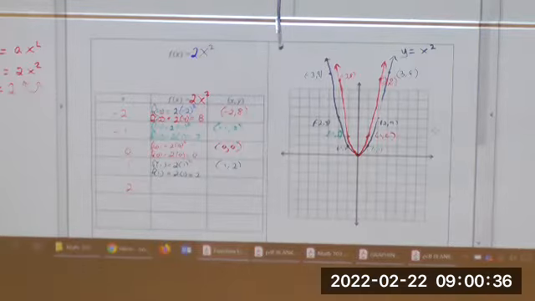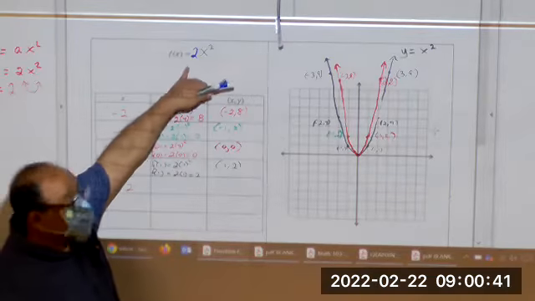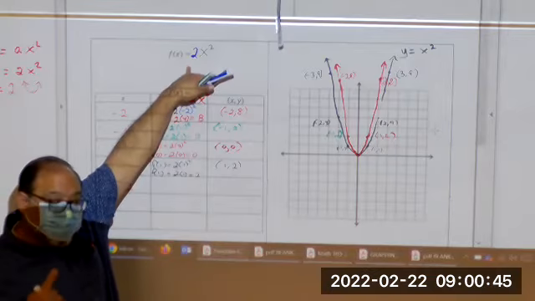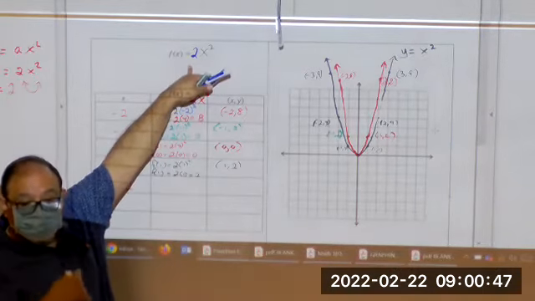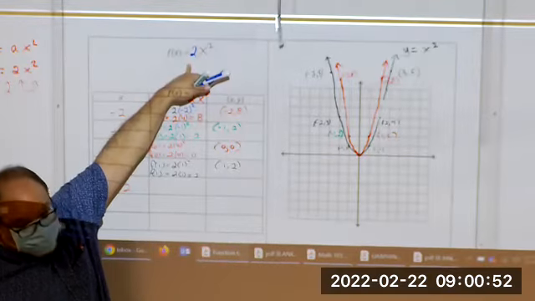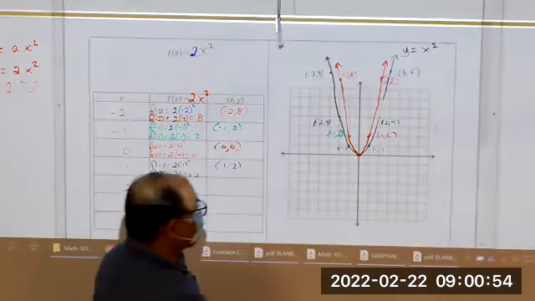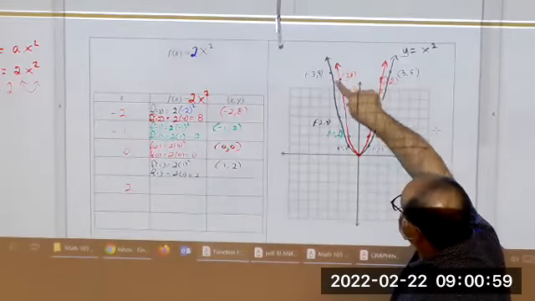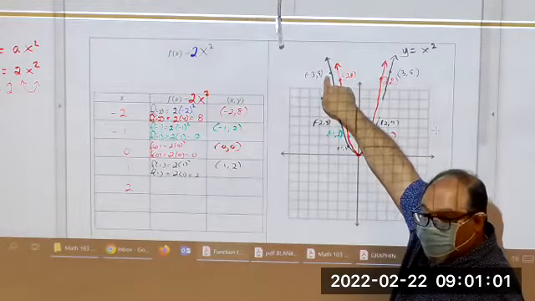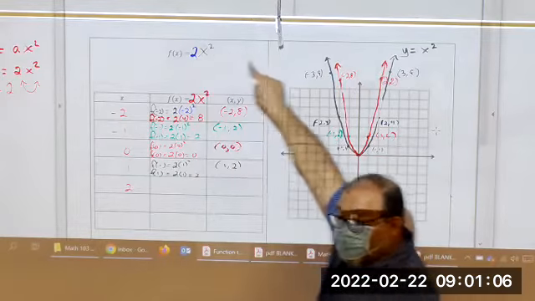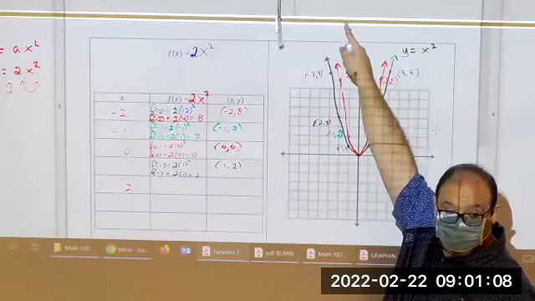It's more narrow because the y values are happening twice as fast as 1x squared. Every y value is twice the height of the original value that we plugged in. Instead of 1 giving us 1, it gives us 2. Instead of 2 giving us 4, 2 gives us 8. -3 goes in, we get 9. -3 squared is 9, but then you double it, and I can't reach that high, 18.